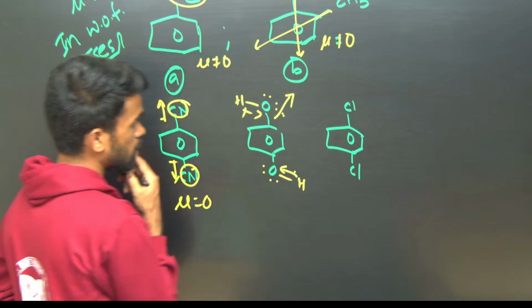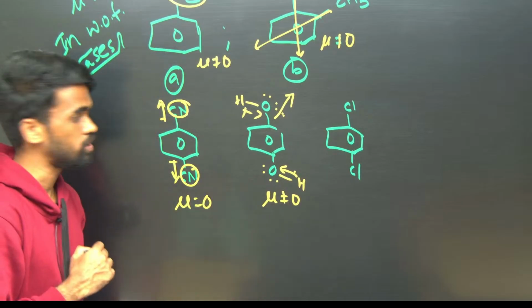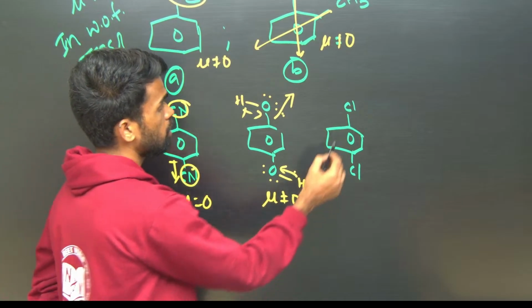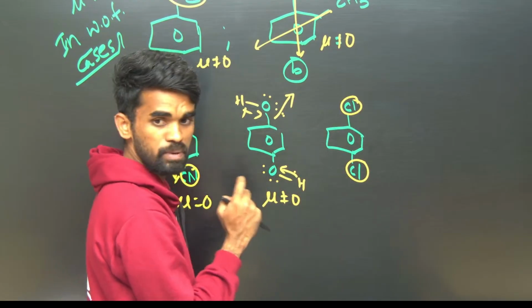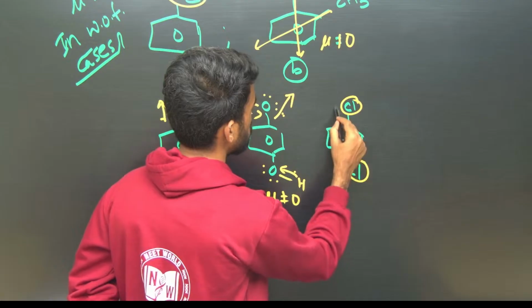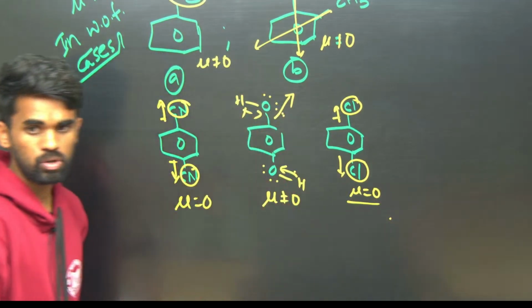So it makes mu not equals 0 in this case. Mu net not equals 0 in this case. Here both groups are the same, like a ball, like a sphere you can consider. So mu equals 0 in this case. Like this we are able to identify.